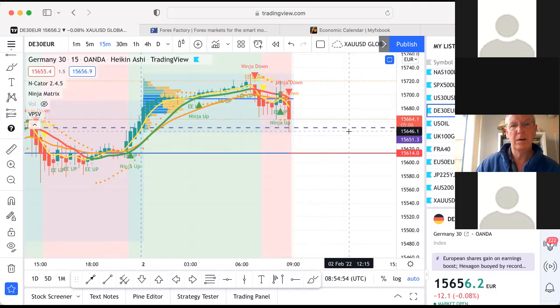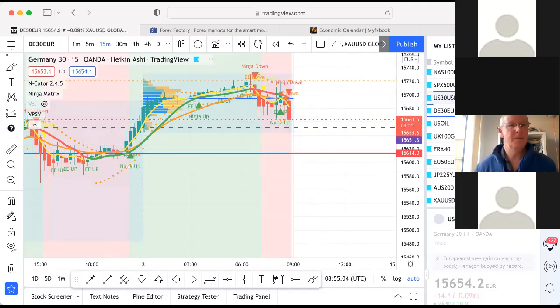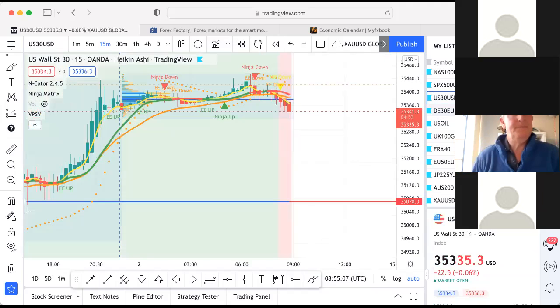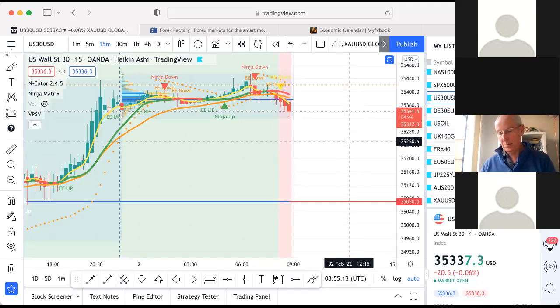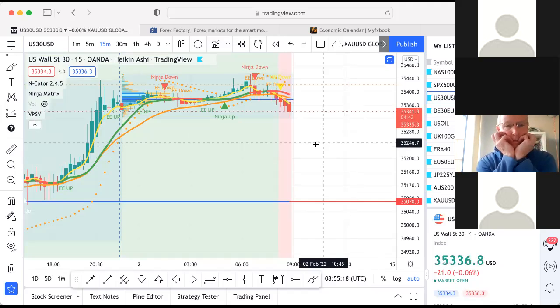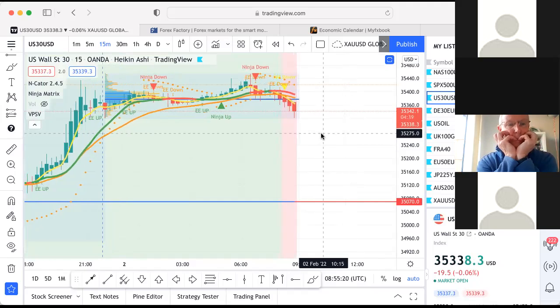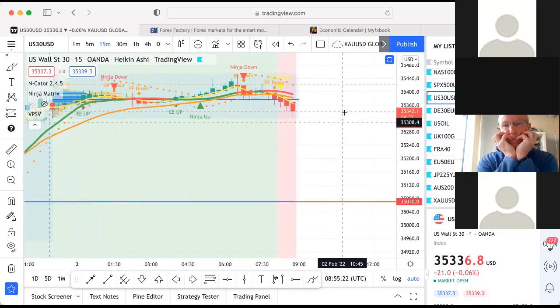Now, the only thing I would say about these trades, if you were looking at German 30 or the US 30, is you need to test these out on a demo account before you take any live trades, purely and simply because the pip value and lot sizes and broker prices vary significantly.